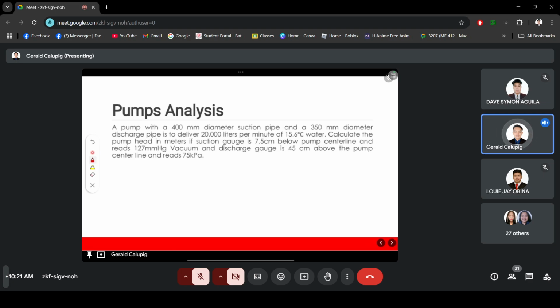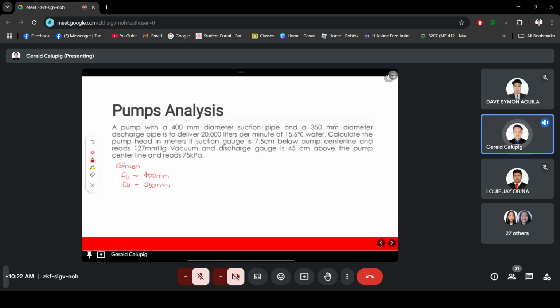So we have a given, and yung mga given natin, we can have our DS is equal to 400 mm. Our DD is 350 mm.